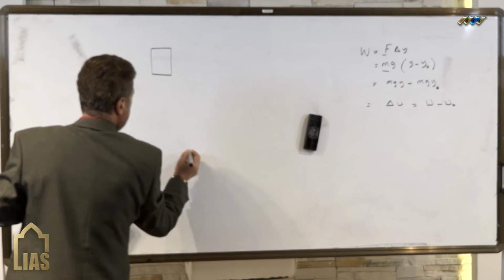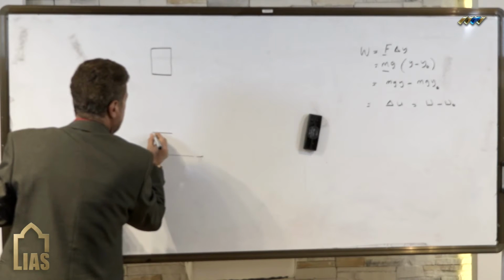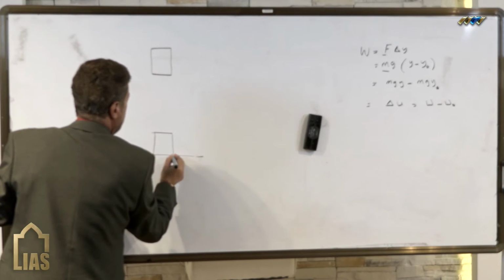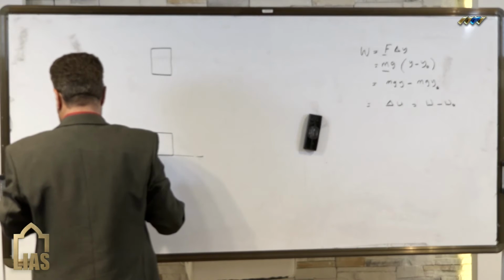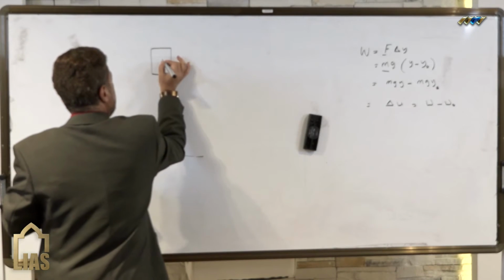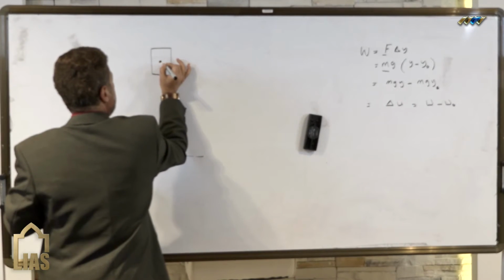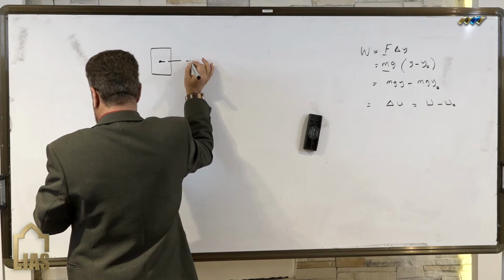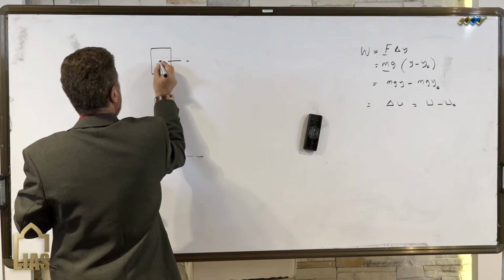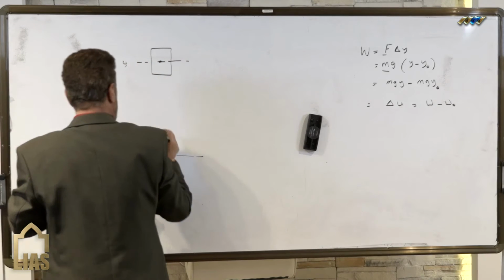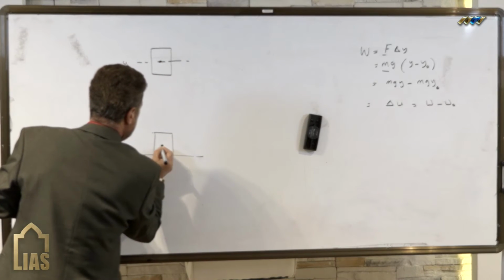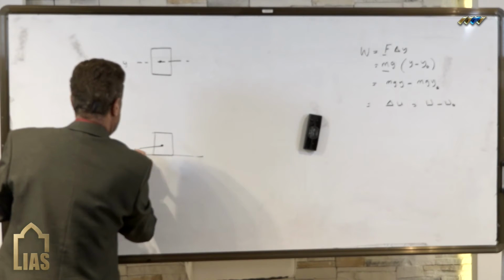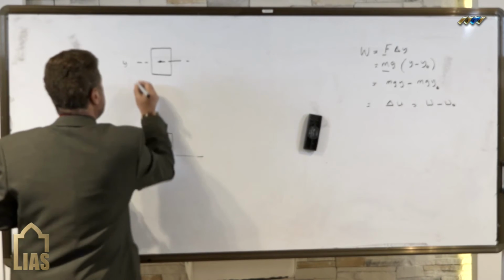This can of drink, and we measure from the middle of it. We call this height y, and here we call y0.